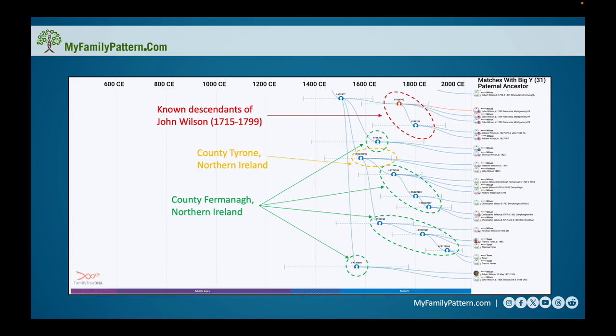There was one group whose earliest known ancestor was from County Tyrone, also in Northern Ireland, which was adjacent to County Fermanagh, and probably migrated either from County Tyrone into Fermanagh or vice versa. But it seemed to show overwhelming evidence that my ancestor was likely a most recent immigrant from Northern Ireland before arriving in the Philadelphia area.